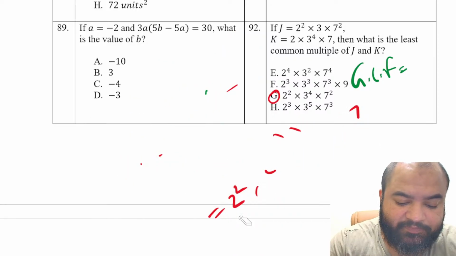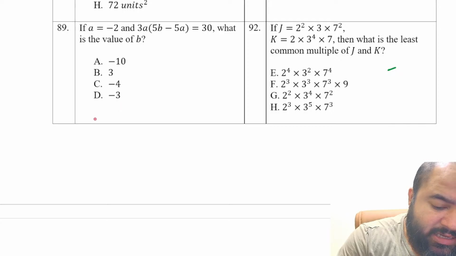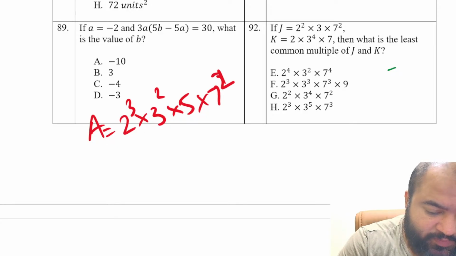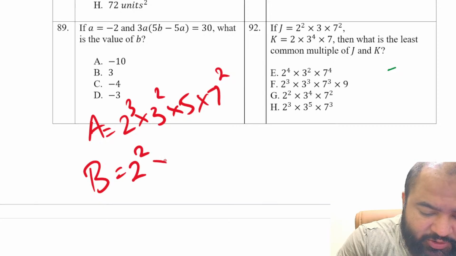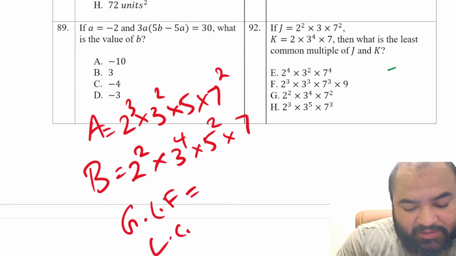Try this one. A is equal to 2 power 3, 3 power 2, 5 power 1, and 7 power, let's say 2. And B is 2 power 2, 3 power 4, 5 power 2, and 7. Now what is the GCF and LCM? Tell me.